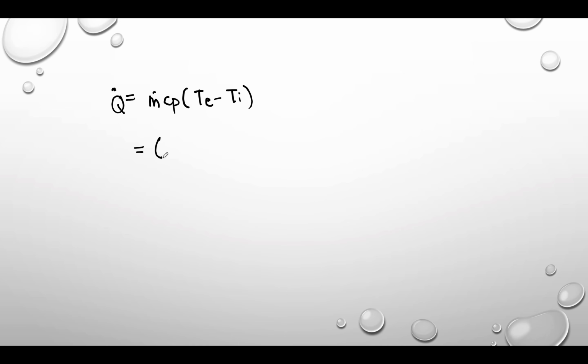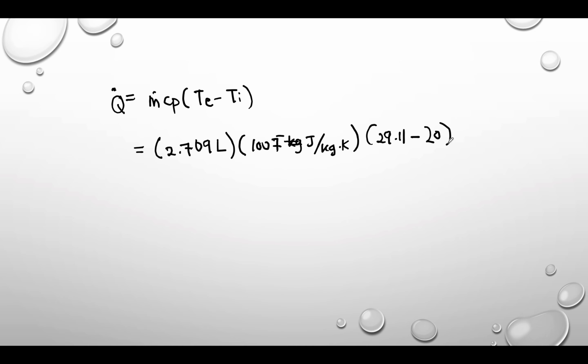So your M dot is 2.709 L times your Cp, 1007 joule per kilogram Kelvin, and then times 29.11 for your T exit minus 20.